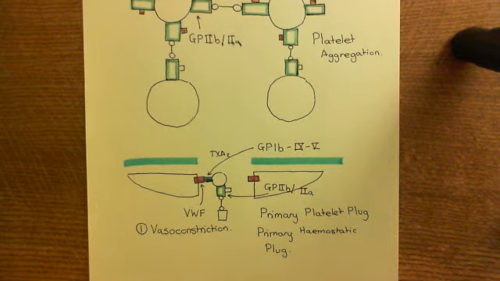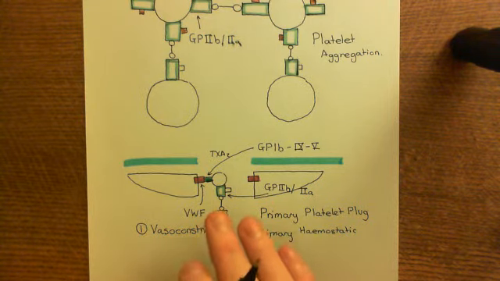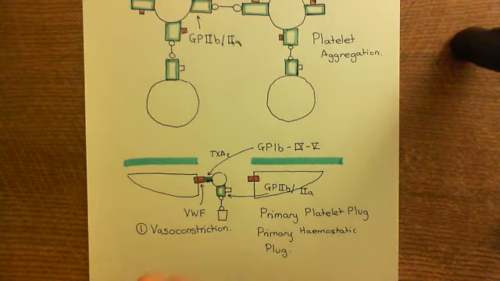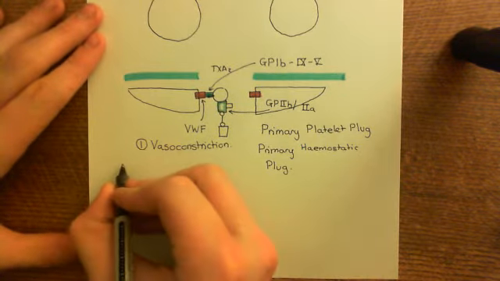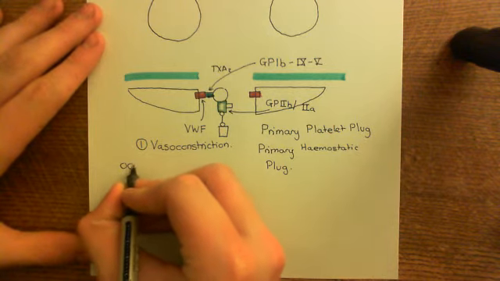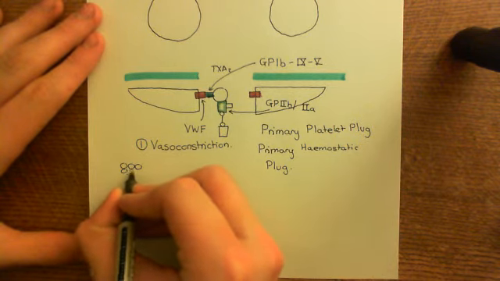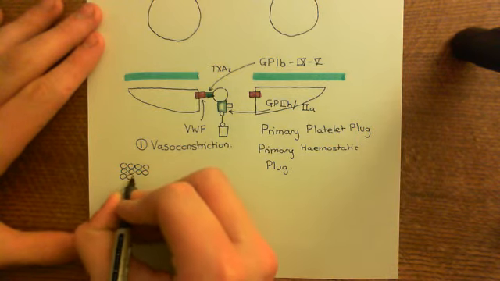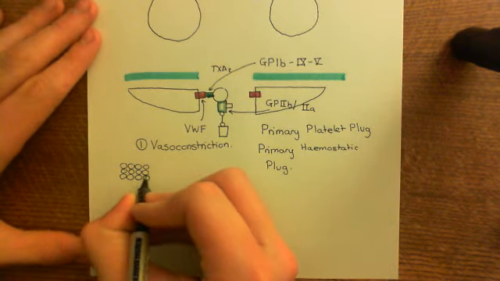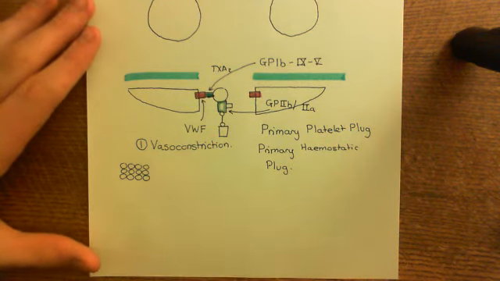And we can make it stronger by adding an extra component to it. At the moment it's just got platelets, and we want to make it stronger. The way we can do this is by intertwining the platelets with a mesh. At the moment we've just got loads and loads of platelets aggregated together into a great mush, and this is the primary hemostatic plug, or the primary platelet plug.